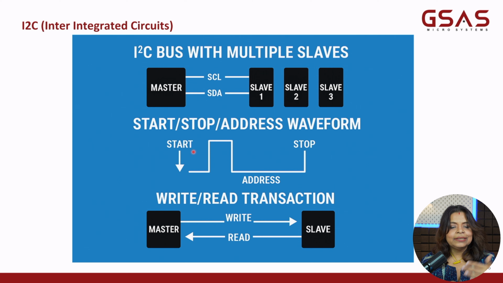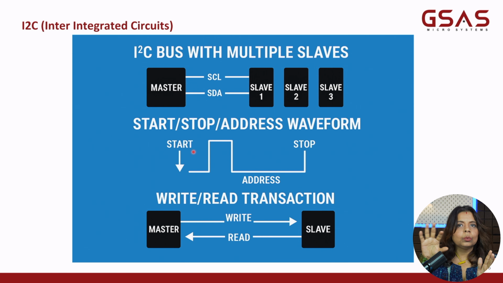In I²C there is a concept of multiple slaves, so there is multi-device functionality. One device can communicate with multiple devices, and this one device is called the master. The master-slave terminology applies to I²C as well as SPI, the next protocol I will talk about, right? So the master can communicate with multiple slaves.